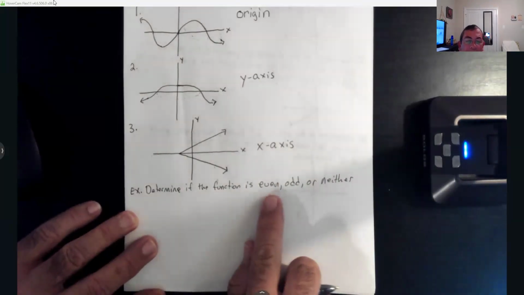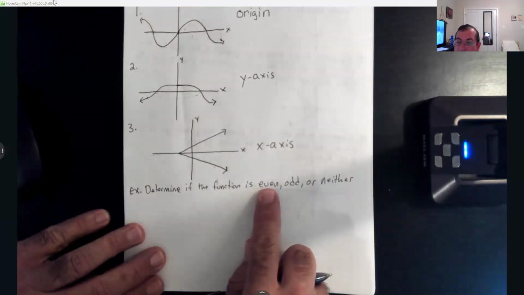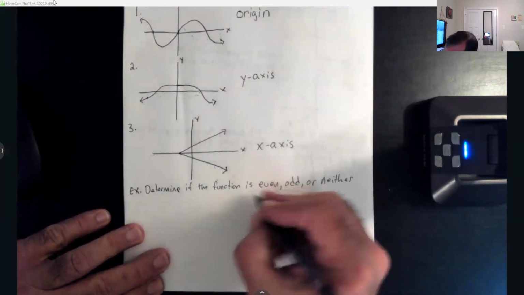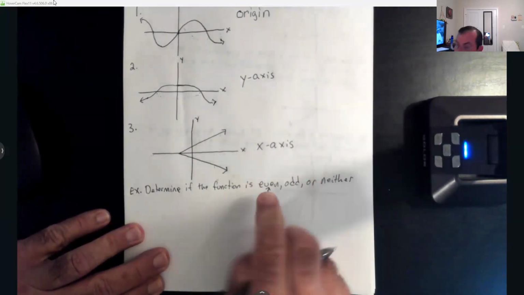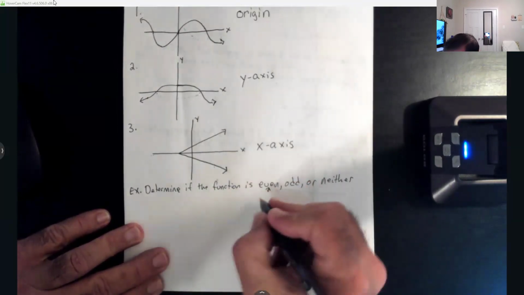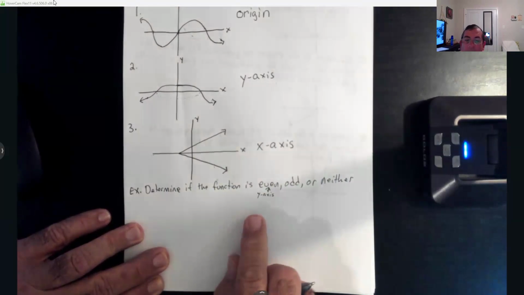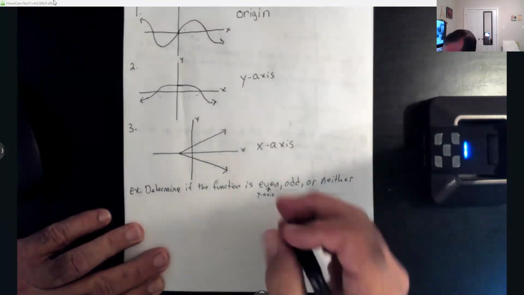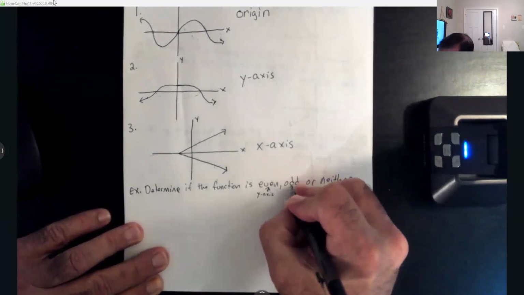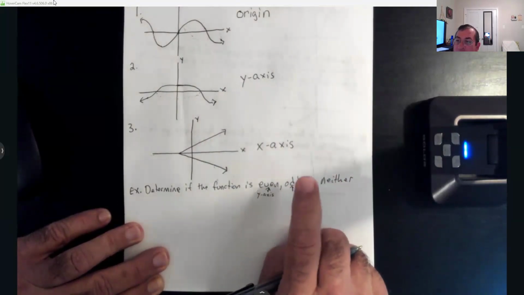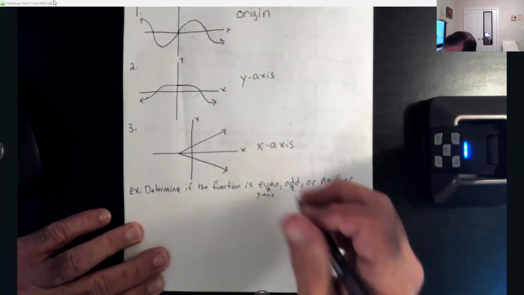Now, what you got to remember here, if it's an even function, even functions are symmetric to the y-axis. If it's an odd function, odd functions are symmetric to the origin.